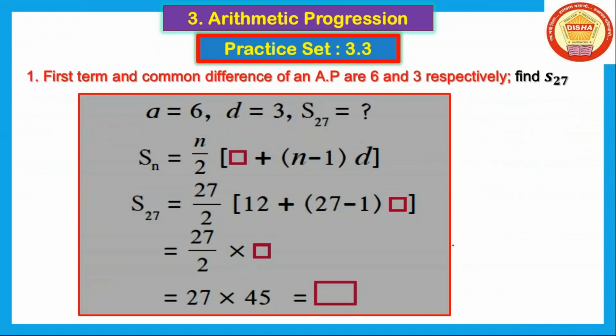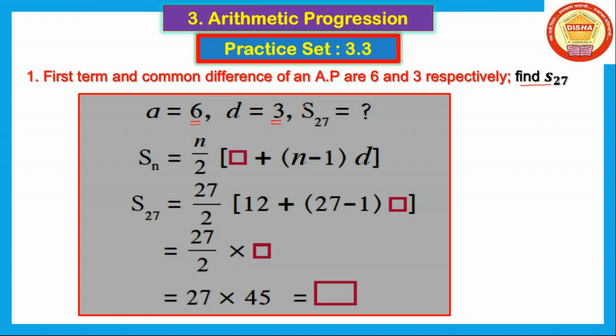First example: the first term and common difference of an AP are 6 and 3 respectively. Find S27. Means here it is given that a is equal to 6, the first term of the AP is 6, and the common difference is 3.